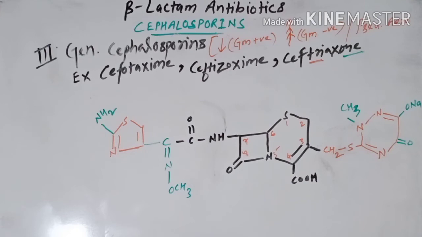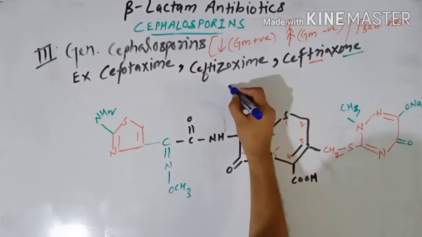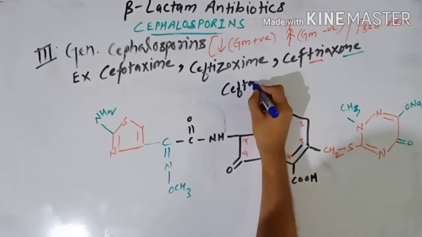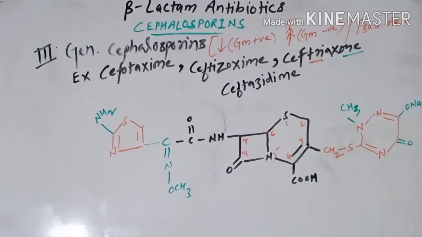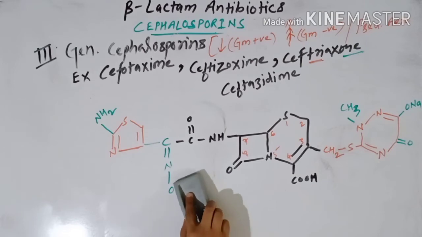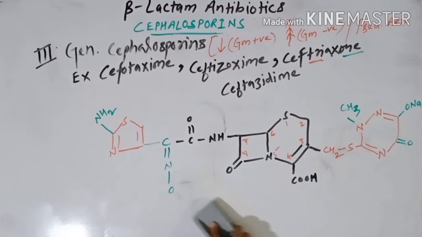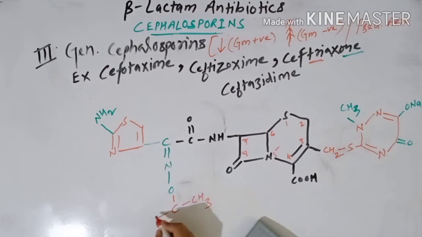Now there is another drug, which is ceftazidime. So what are the changes in ceftazidime as compared to ceftriaxone? Here one change: this methyl group is removed from this position, and again there is a carbon with dimethyl and one carboxylic group.